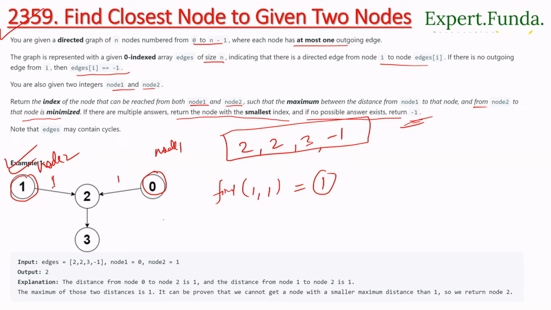There is no such node. So we have to return 2, this is the node we have to return, the smallest index. That's why we are returning this one.